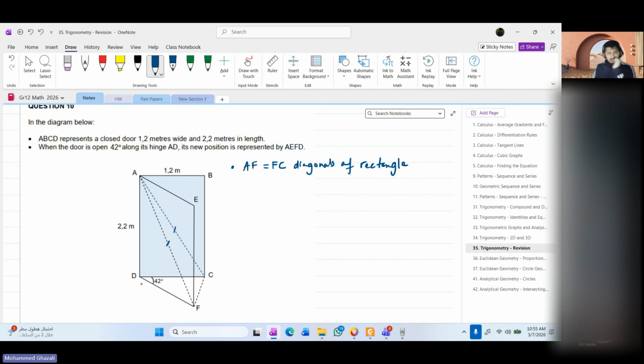Then look at this bottom piece here. What is DC? We also know that DC is equal to AB. Remember, DC is equal to AB because of opposite sides of rectangle.